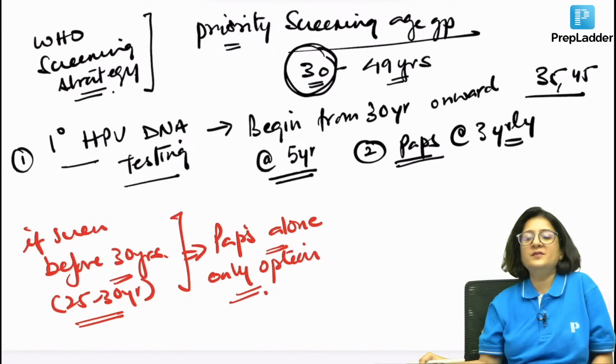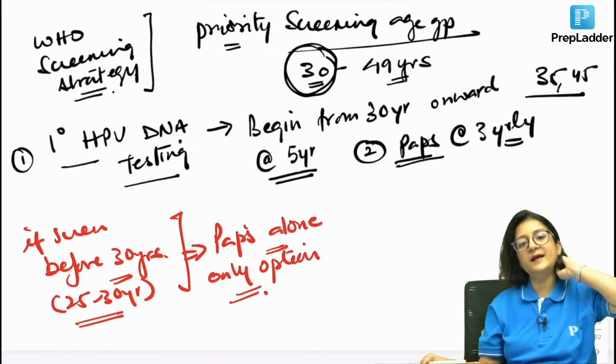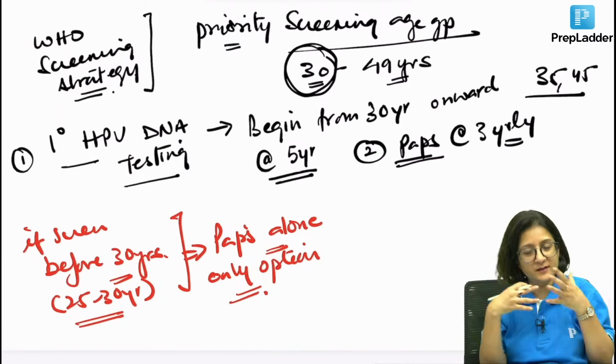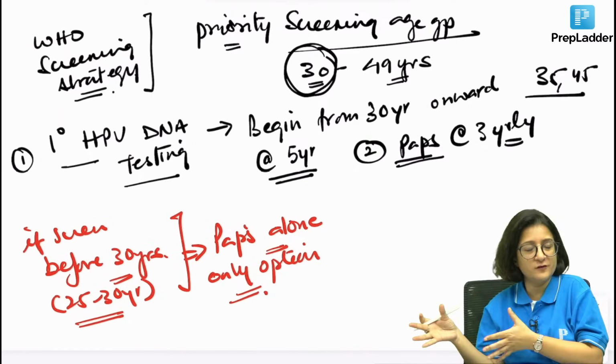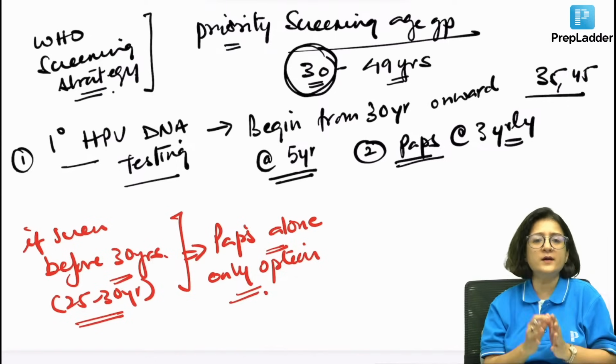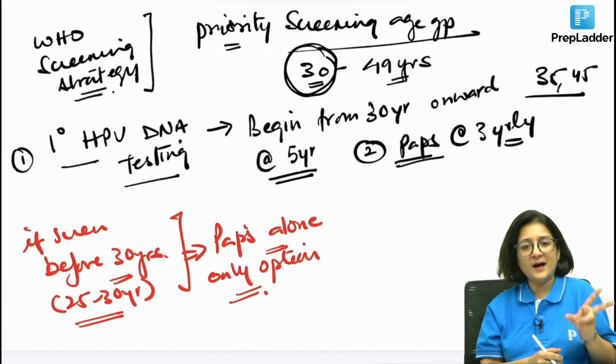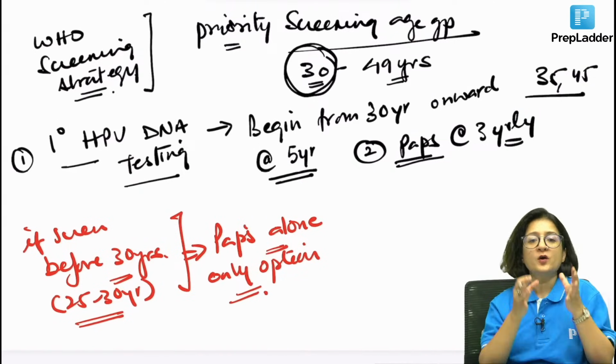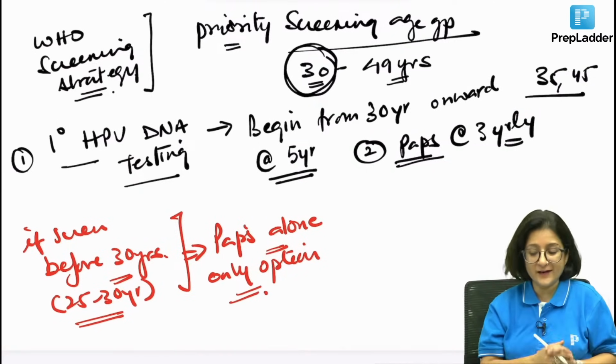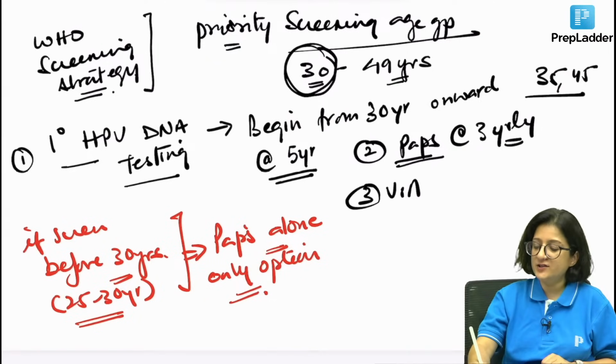Now there is something called co-testing. Co-testing turns out to be unnecessarily expensive, and the current recommendations are to move away from it. But you should know what co-testing is: doing 2 tests together, Pap plus HPV DNA testing at the same time. Because we are doing HPV DNA testing together, co-testing is also repeated every 5 years. The third screening strategy is VIA.